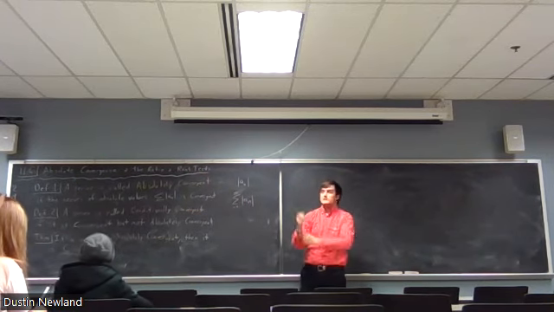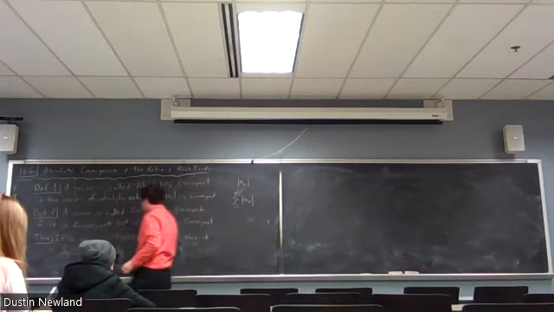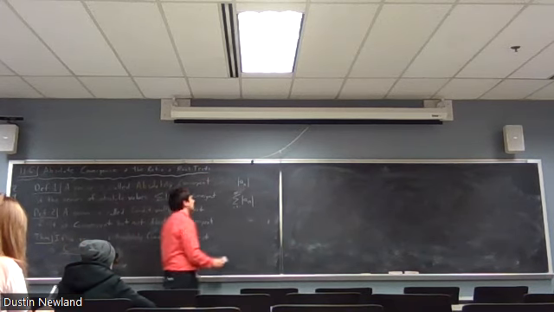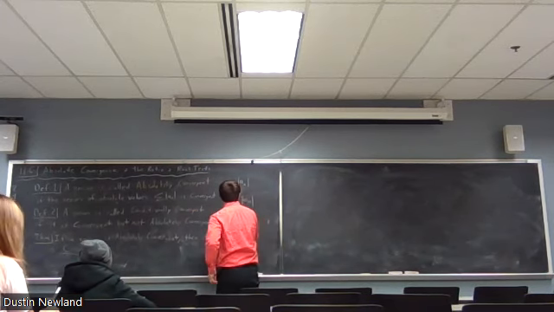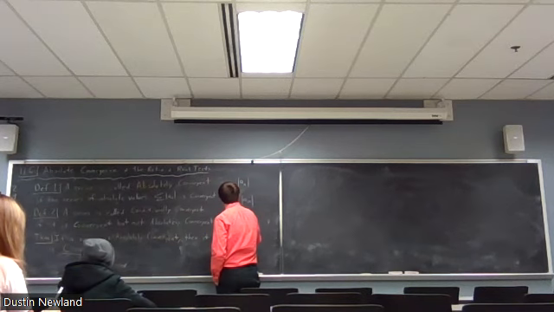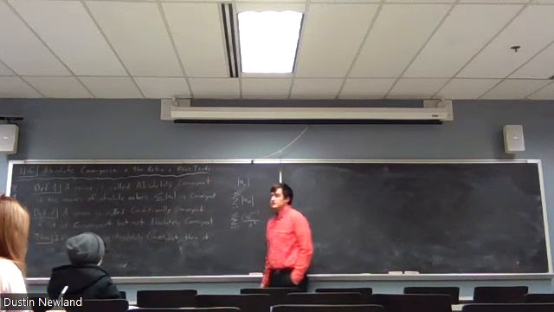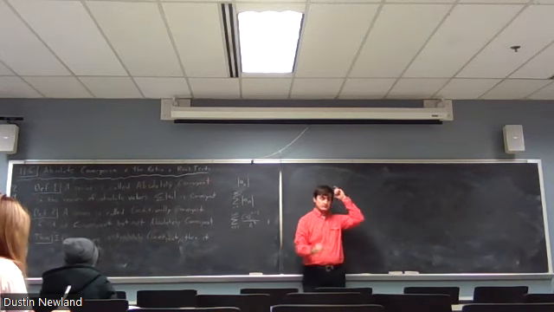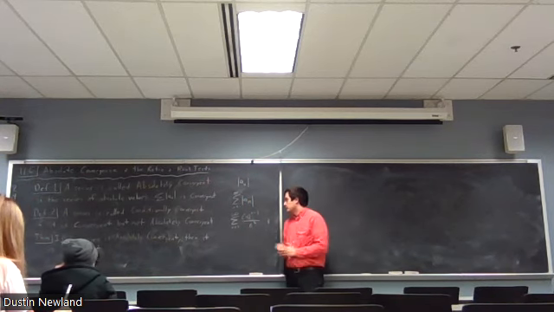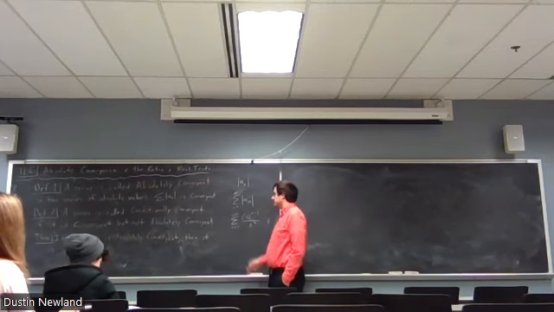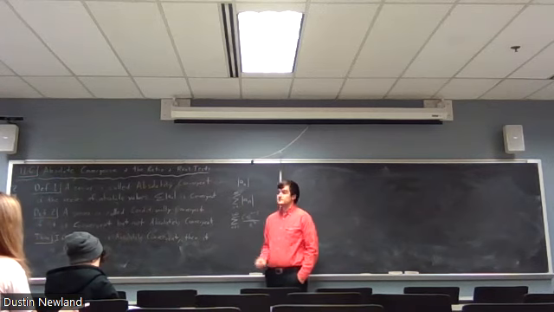Okay, so one example for us to get started here is if I look at the series sum of -1 to the n minus 1 over n squared. Now the question is, how does the convergence of this thing work?